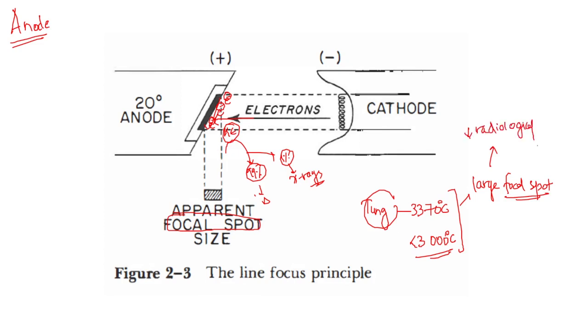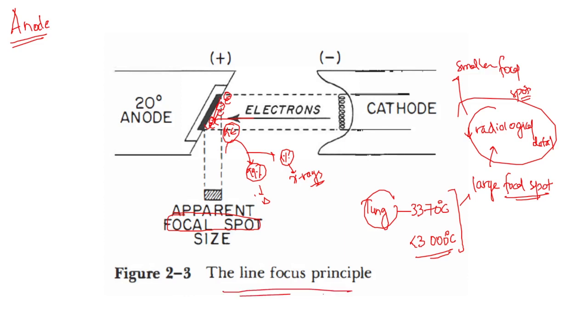So for good radiological detail, we need a smaller focal spot. At the same time, we should achieve both targets. That means we need a larger focal spot to dissipate the heat generated at the anode, and at the same time we need a smaller focal spot to maintain good radiological contrast and radiological detail.